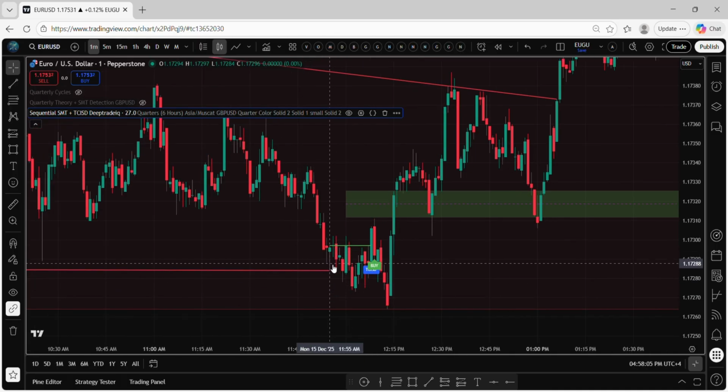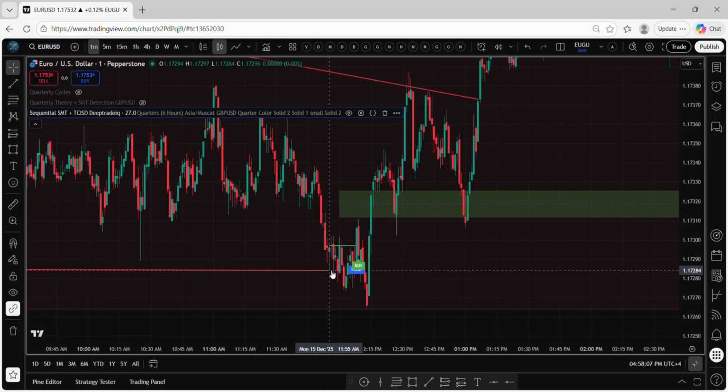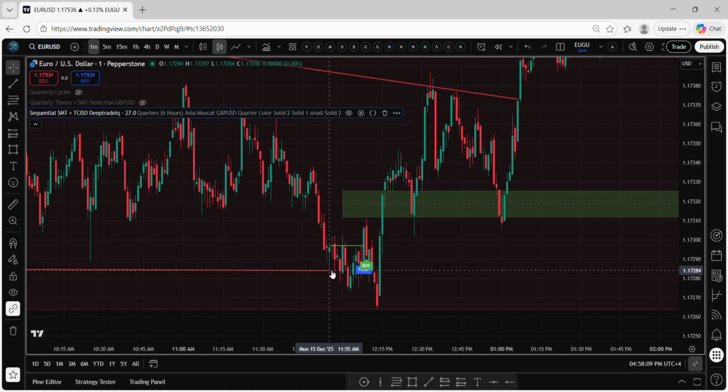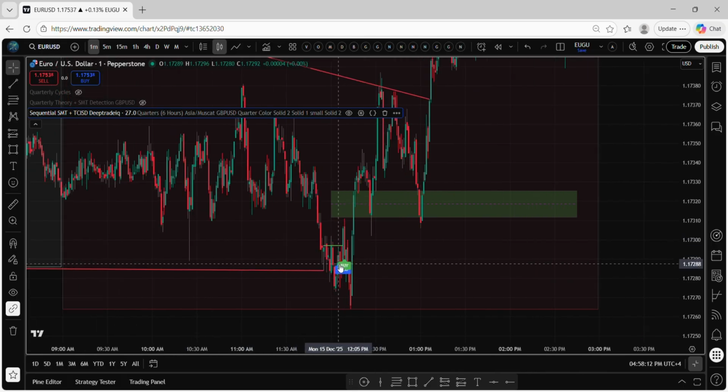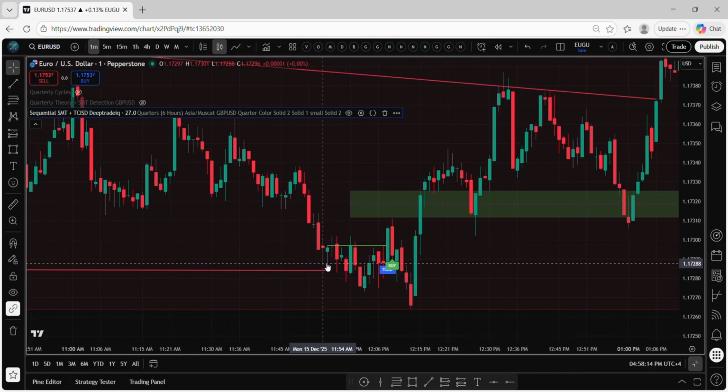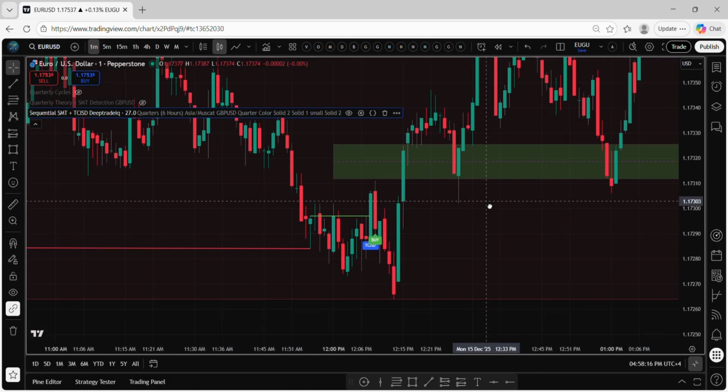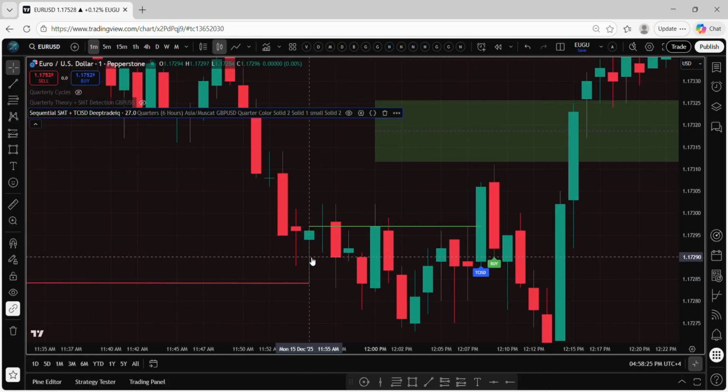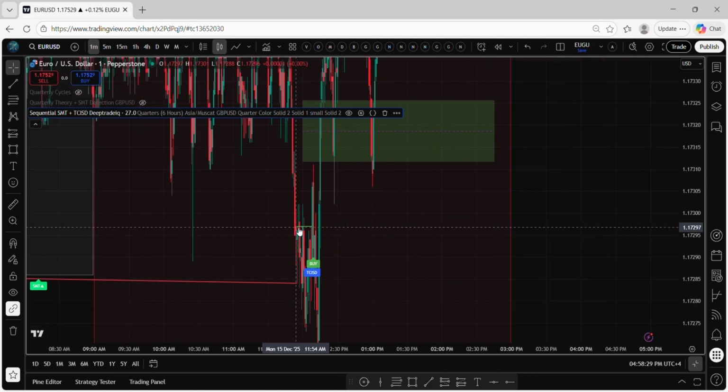So you see this candle makes SMT here, this bar makes a bullish SMT. Here is a label between Q1 and Q2. As this candle is bullish, we will not include this candle for our change of state of delivery. We will check our previous last candle which is bearish.